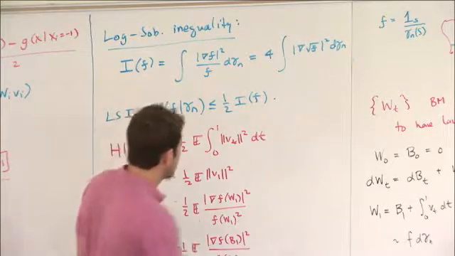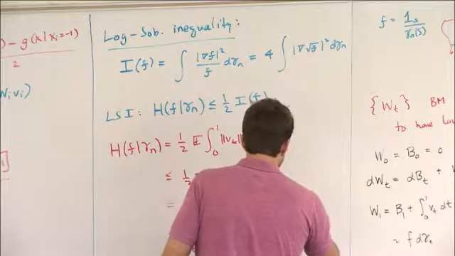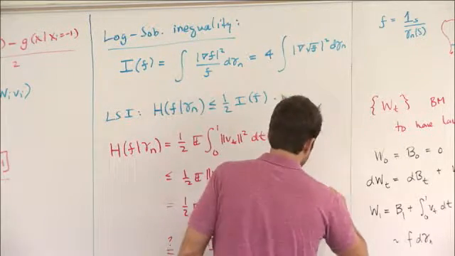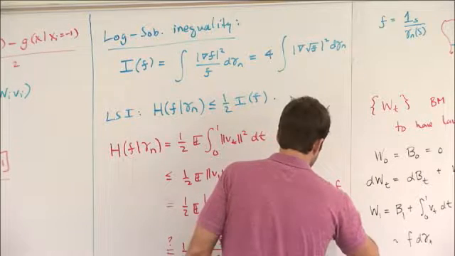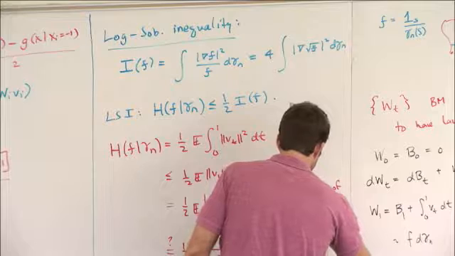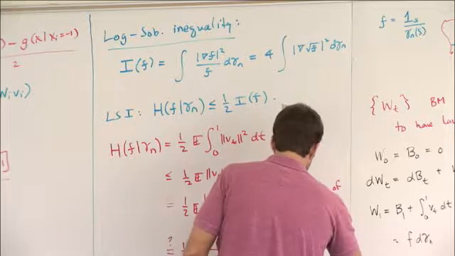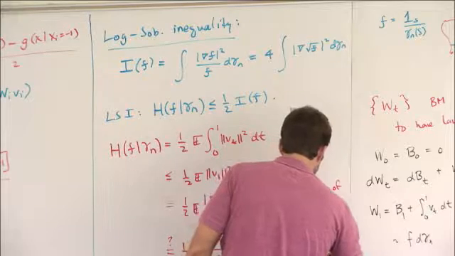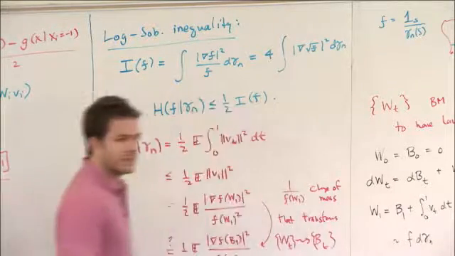This is because 1 over f of w_1 is exactly the change of measure that transforms w into Brownian motion, actually the whole process w_t into Brownian motion.